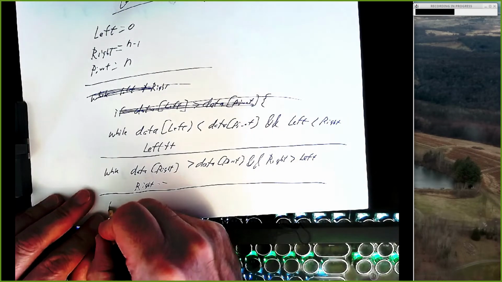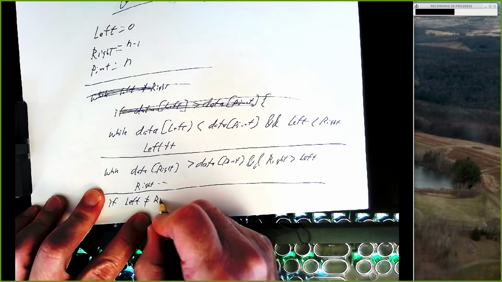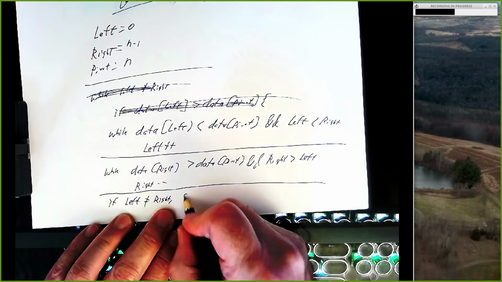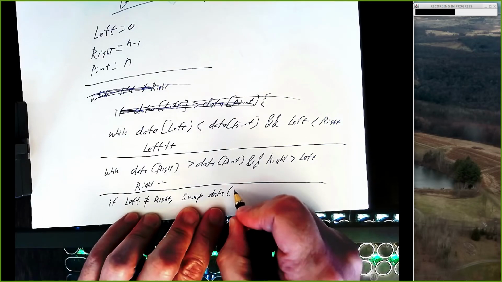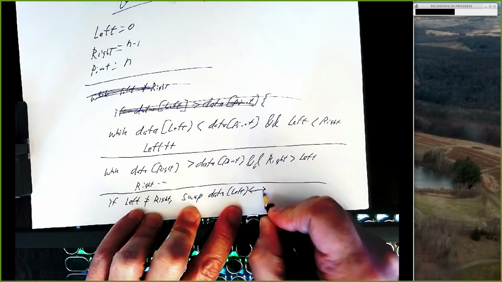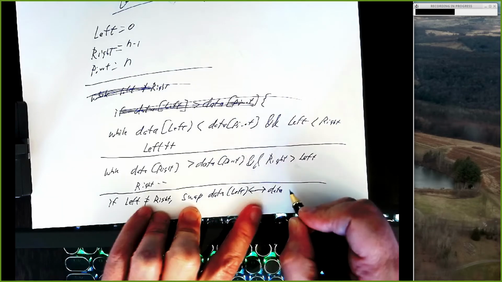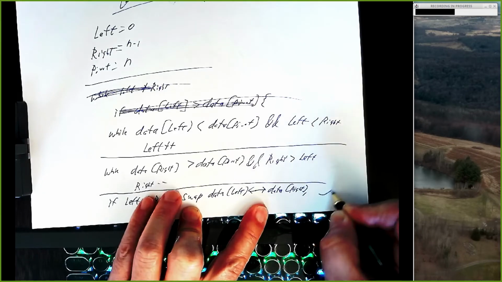And then if left is not equal to right, swap those two elements, swap data left with data right, and go back up here.